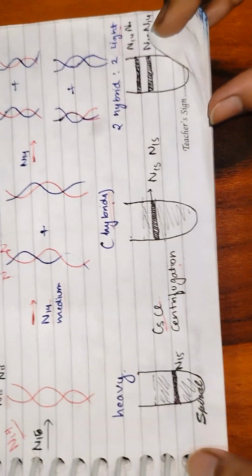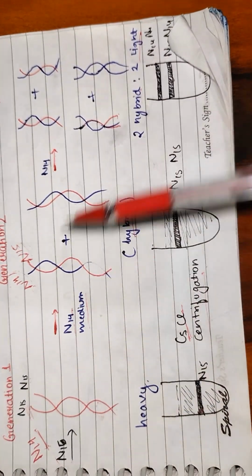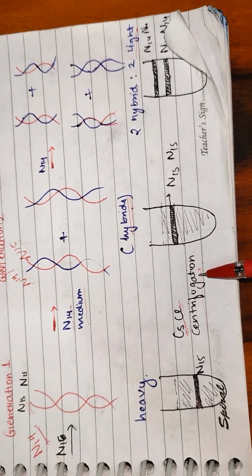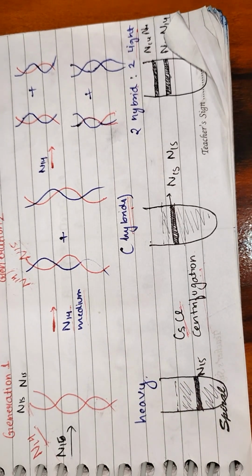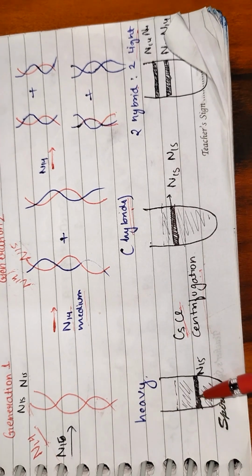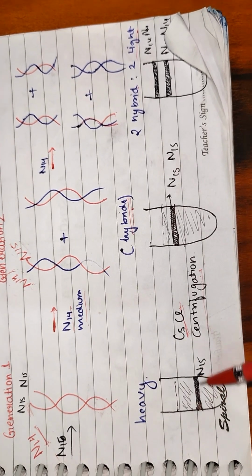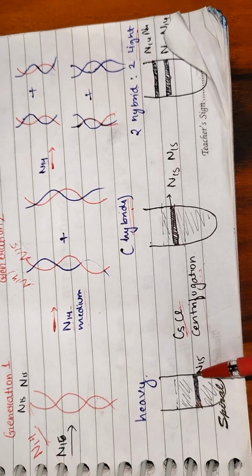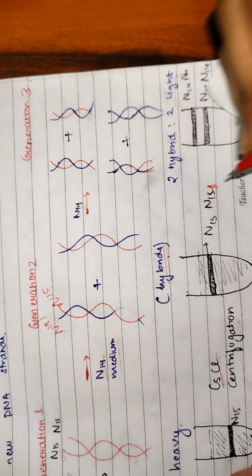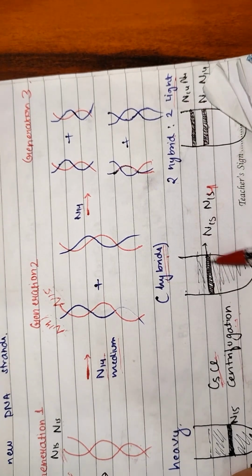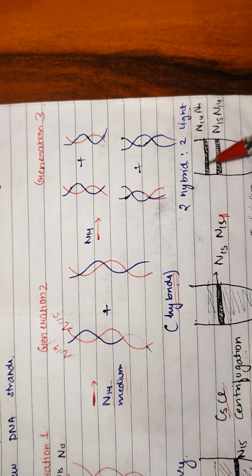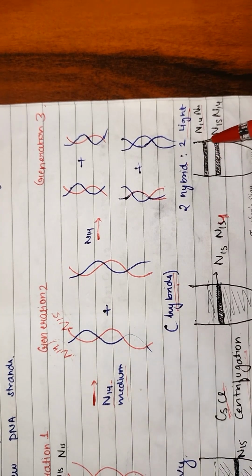They checked the hybrid, light and heavy DNA using cesium chloride centrifugation, in which the heavy DNA was found at the bottom, forming a band at the bottom of the cesium chloride, whereas the hybrid DNA forms a band in the middle, and the light DNA forms a band at the top of the cesium chloride density gradient.